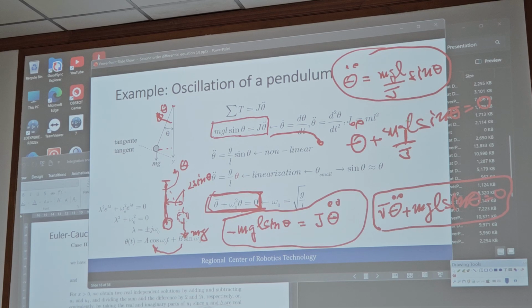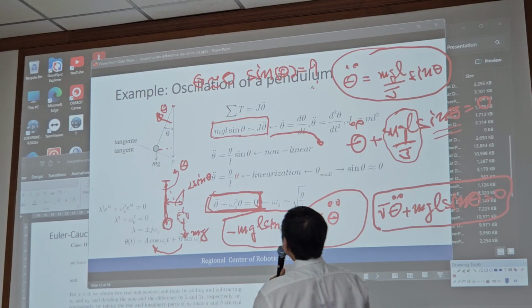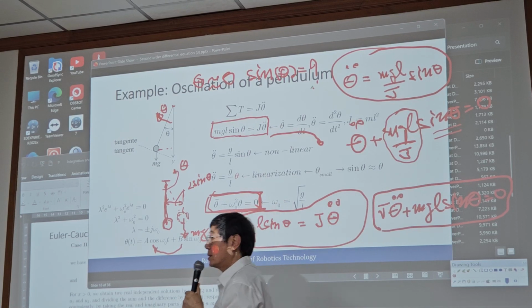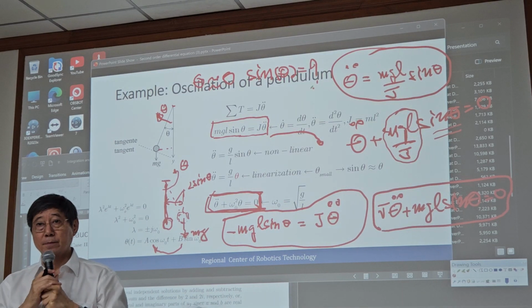This is a system parameter. This is a nonlinear term. If theta is small, sine theta will be equal to what? If theta is small, sine theta will be what?